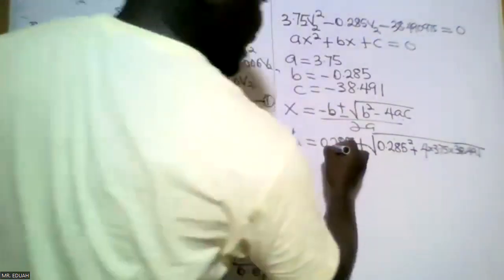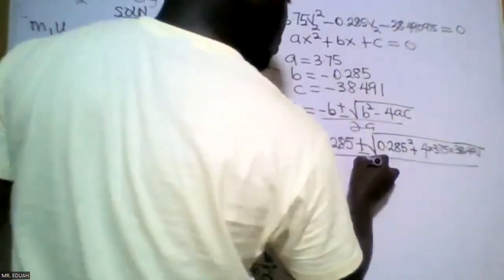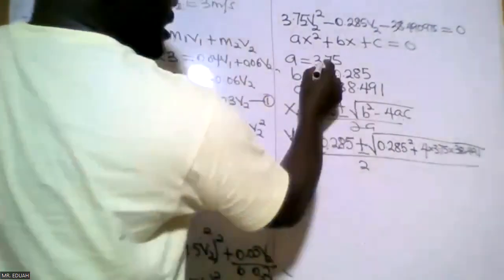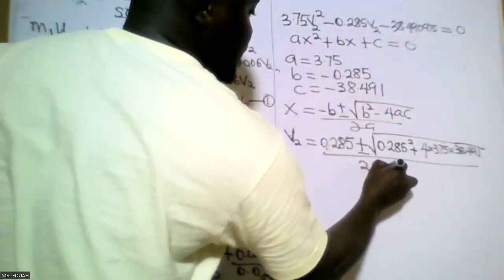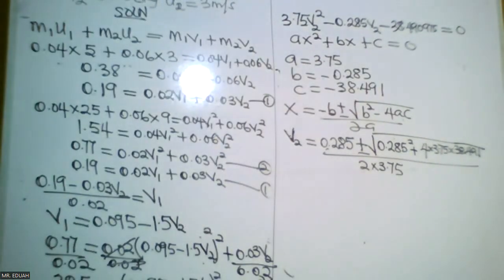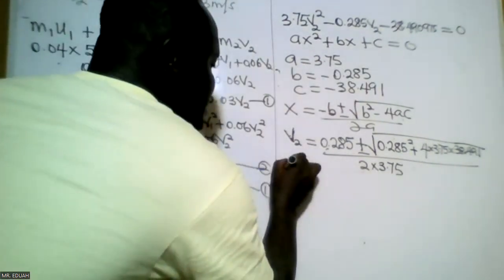All divided by 2 times A. That is how to apply the almighty formula. So what is left is calculations.